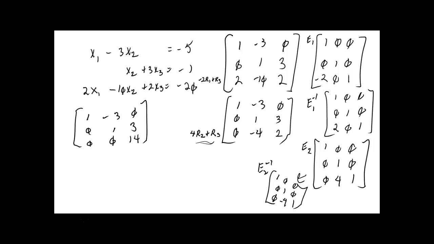So there is your E2 inverse. Okay. Well, stop the presses, halt the presses right now, because this is what? An upper triangular matrix. Your lower triangle is all zeros, so that's your U. That's your U. Okay, right there.